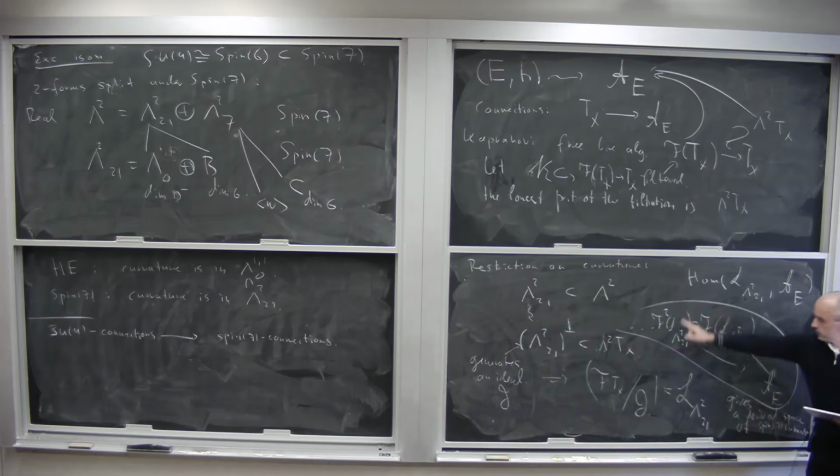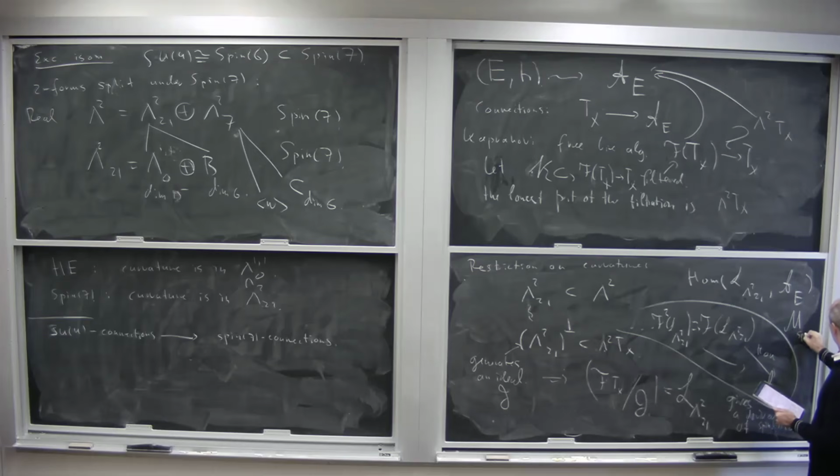So if you take this derived moduli space and call it M, in this case spin 7, then if you look at the corresponding MSU4 and you divide by the automorphisms of EH, so this will be an infinite dimensional simplicial stack, and then this would be a derived critical locus of a potential, or the derived critical locus of a -1 shifted potential on the moduli space of the same kind, but now of that spin 7.